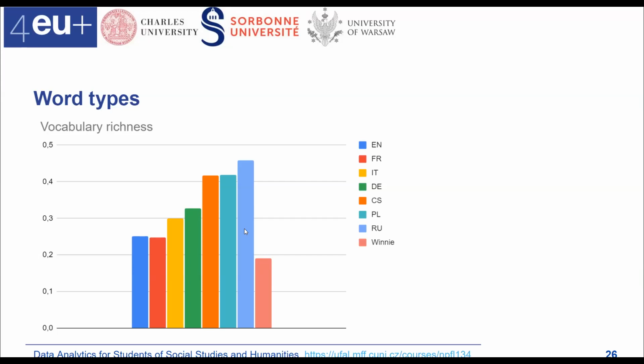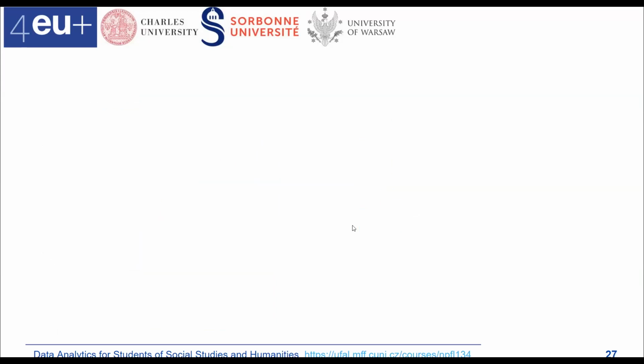But it's a good starting point for research into the readability and comparison between the different language versions, because we see that there is a real difference in certain parameters. The next slide, please.